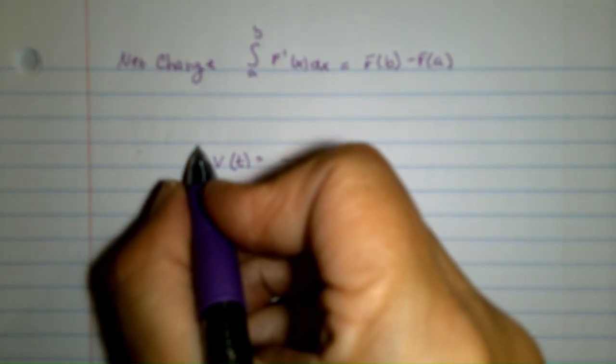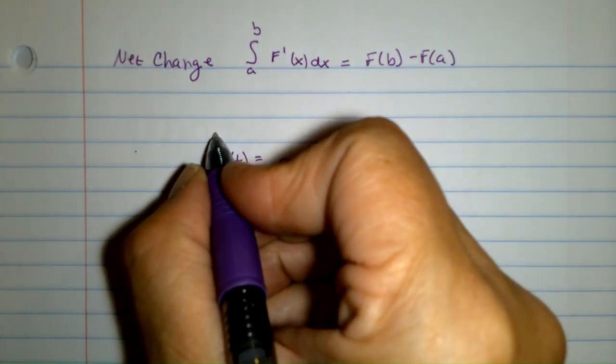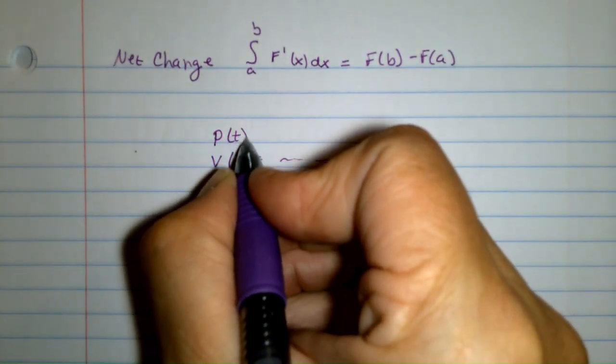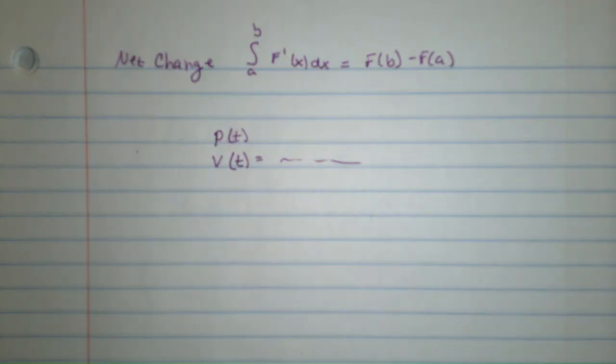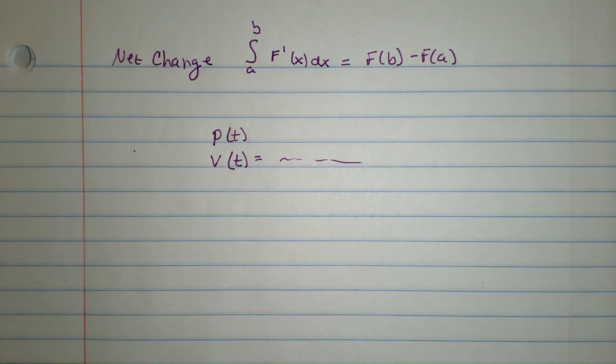Well, if we go back up and we integrate velocity, don't we go back to position? So when we integrate it over an interval, our net change would be our change in location, right? That's what we're talking about with net change.